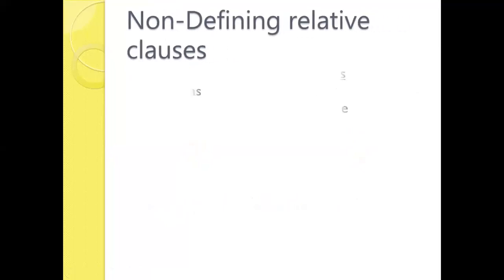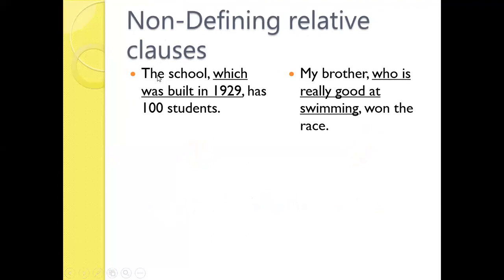Non-defining relative clauses, like here: the school, comma, which was built in 1929, has 100 students, and in the second sentence, my brother, who is really good at swimming, comma, won the race.